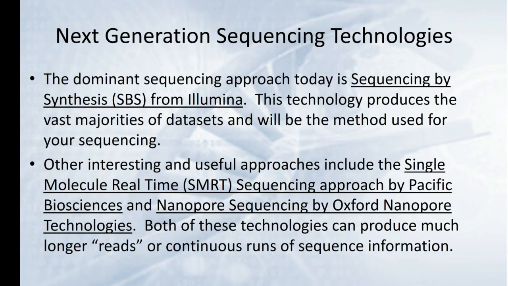So we're going to talk very specifically about these technologies right now. The one that we're going to spend most of our time on, in sort of gory detail, is the sequencing by synthesis technology from Illumina. This technology is probably the one that's contributed the most data over the last several years, and is the leader for high throughput sequencing analysis and clinical analysis in many contexts.